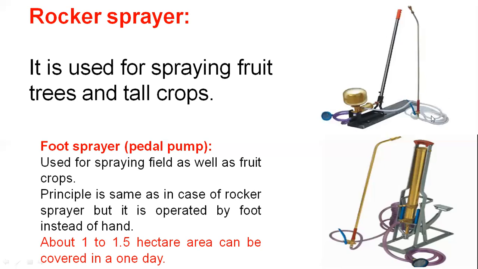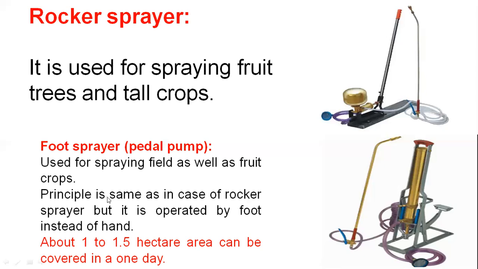This is the delivery hose, a tube-like one, and with the help of this lance the spraying is done. Rocker equipment is generally used for fruit trees and tall trees. This is very important: it is used for spraying fruit trees in orchards or in tall crops.